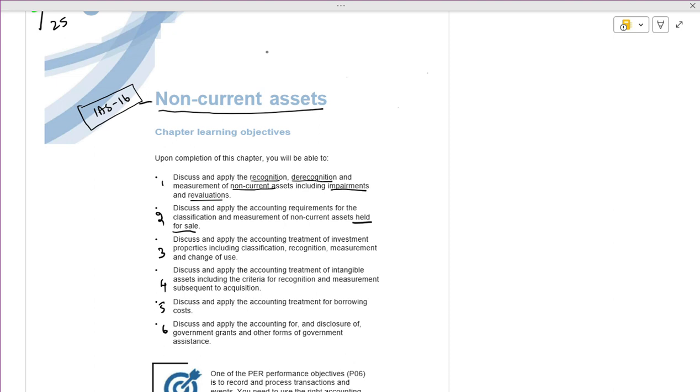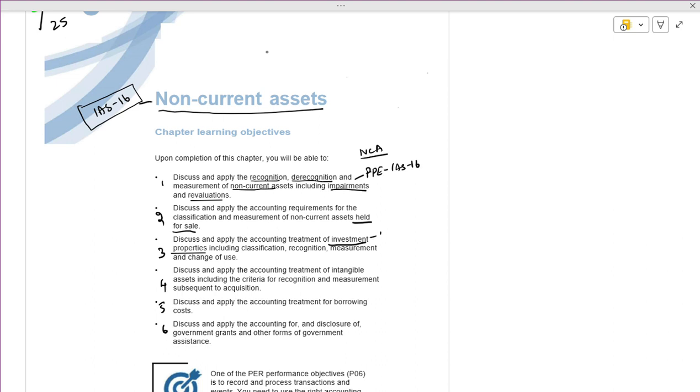Next, we also want to know the accounting treatment for investment properties, including classification, recognition, measurement, and change of use. When we talk about non-current assets, we say property, plant and equipment, which is IAS 16.